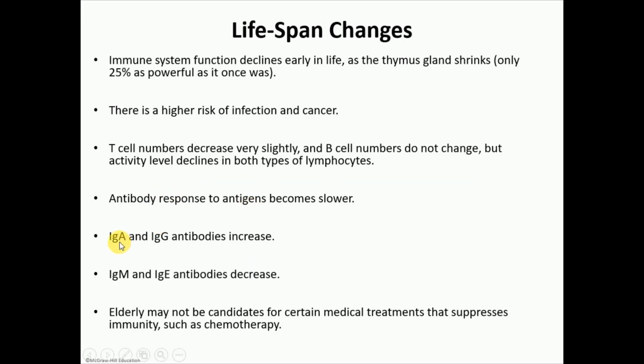As we age, IgA and IgG increase, but IgM and IgE decrease. Sometimes in the elderly we might not be able to give things that further suppress their immune system, like chemotherapy to treat their cancers, because their immunity is already suppressed.